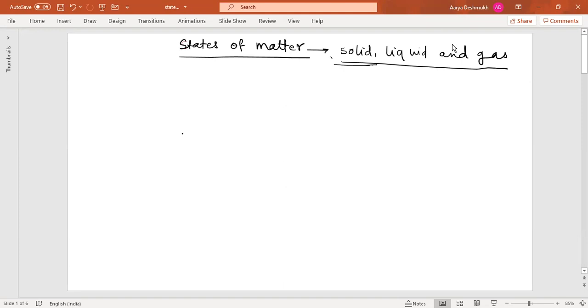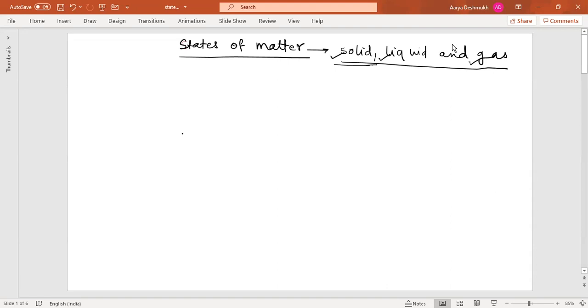Wherever there are stronger intermolecular forces, it would be solid, or a somewhat less or the weaker one, it would appear in liquid form. And if the intermolecular forces are the weakest one, then the substance will appear in a gaseous phase.